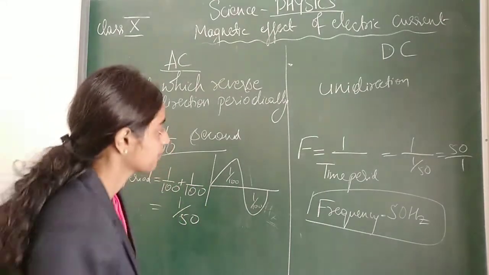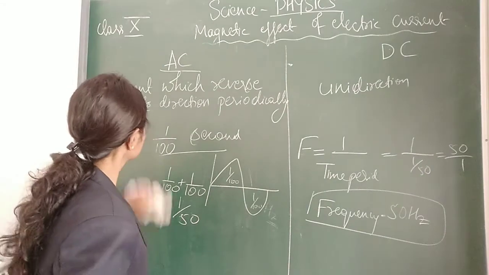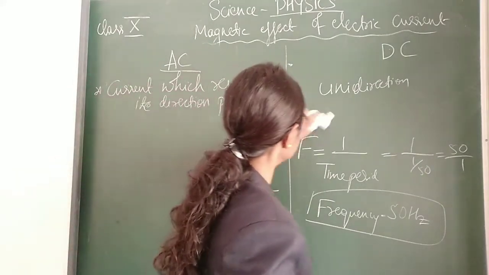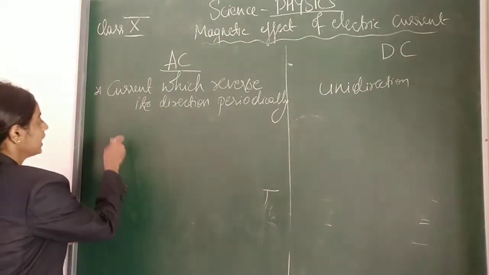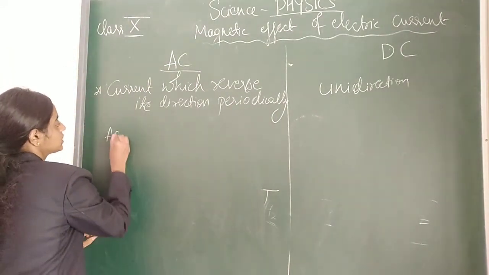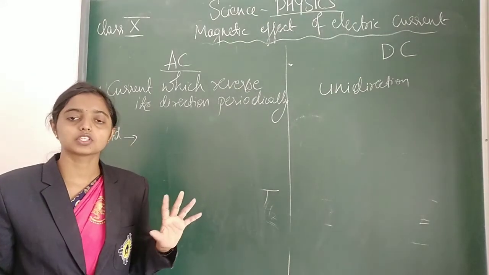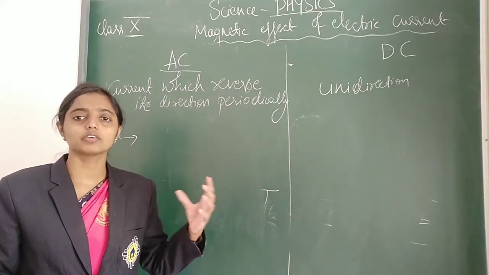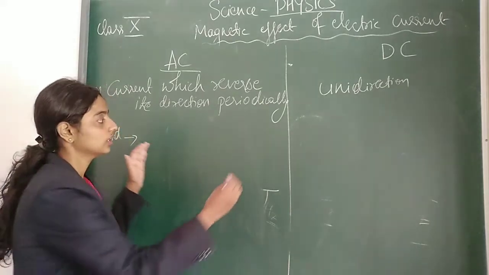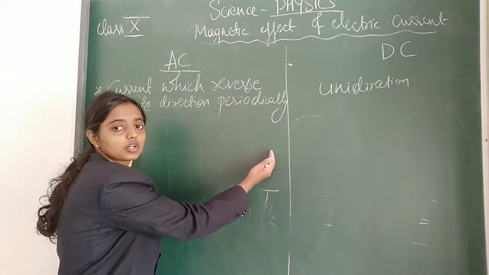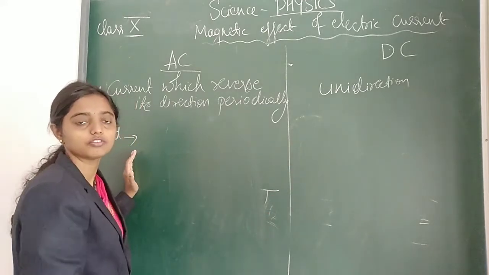So next we have the advantages and disadvantages, as I told. Here the advantage of AC is that it can be transmitted over a long distance with only a small amount of energy lost.